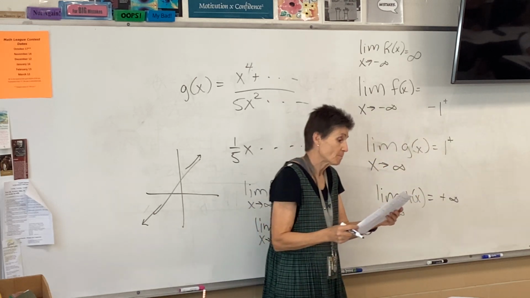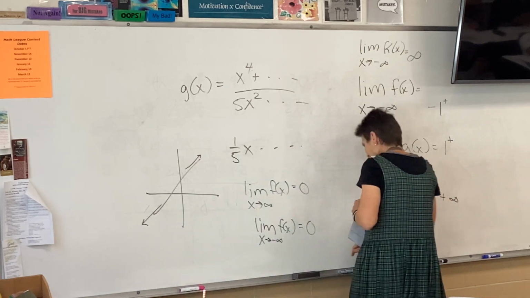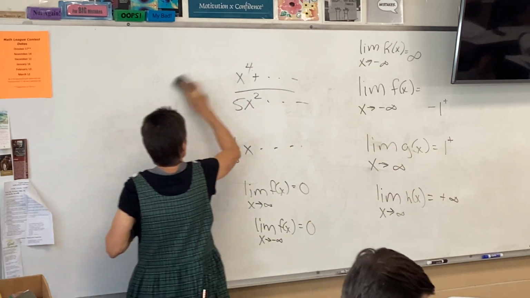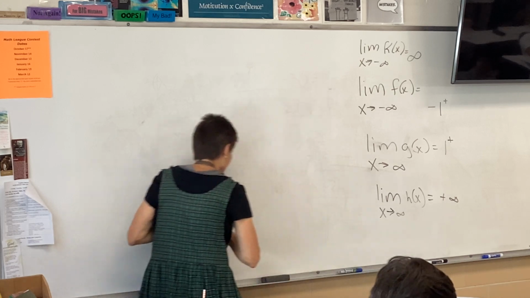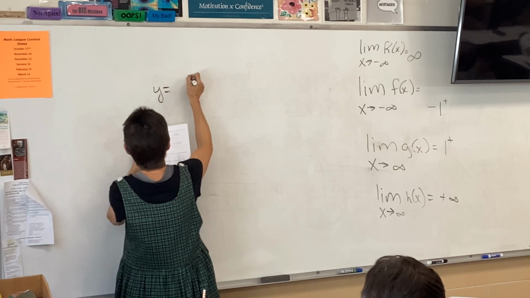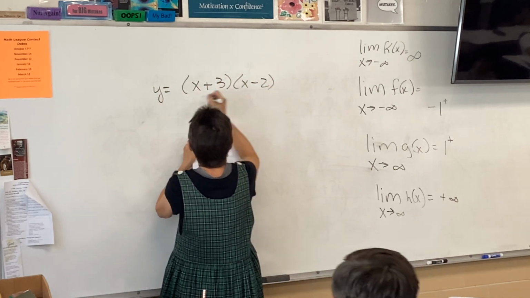Okay, next page. Find the zeros. I can't remember if we even talked about this. We talked about solving inequalities. So this is real easy. Remember when we looked at this equation, something like this?